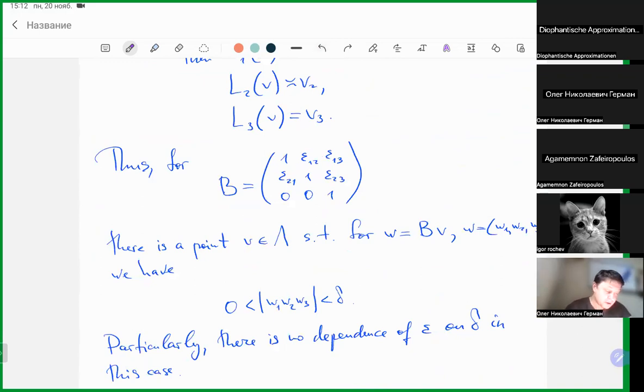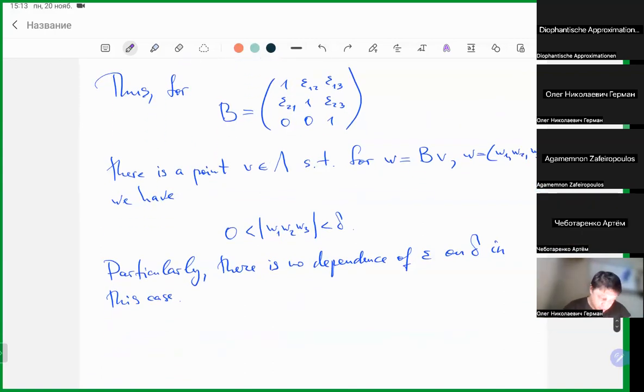But of course, it doesn't matter what sign this epsilon has. Now, the agreement is only that this epsilon is non-zero, and all the other epsilons are not greater in absolute value than this one, epsilon 1 2.